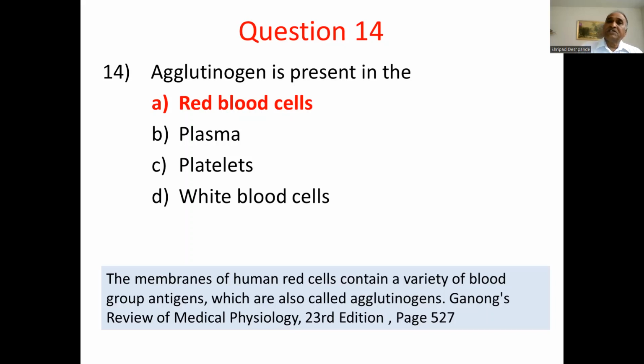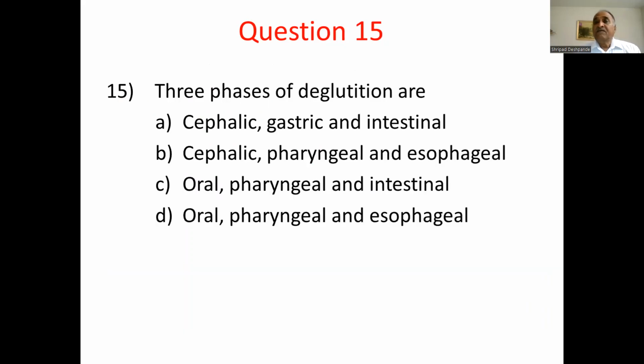Now, moving on to question number 15. Three phases of deglutition are, a very easy question: A, cephalic, gastric, intestinal. B, cephalic, pharyngeal, esophageal. C, oral, pharyngeal, intestine. D, oral, pharyngeal, esophageal.